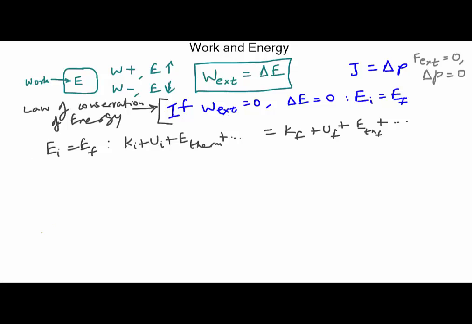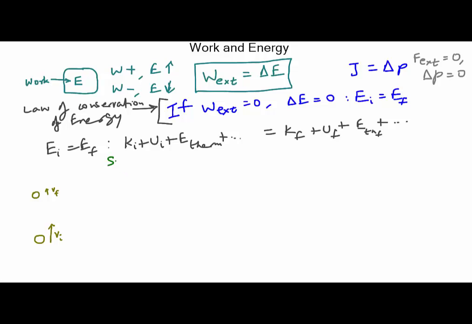Let's say I toss a ball up, and when it's down here, it's got a velocity v_i like that, and by the time it's gone up over here, you know that it's going to slow down. So let's say it's got v_f like that. We're going to discuss this a couple of different ways so we can understand the importance of the definition of a system and the relationship between work and energy.